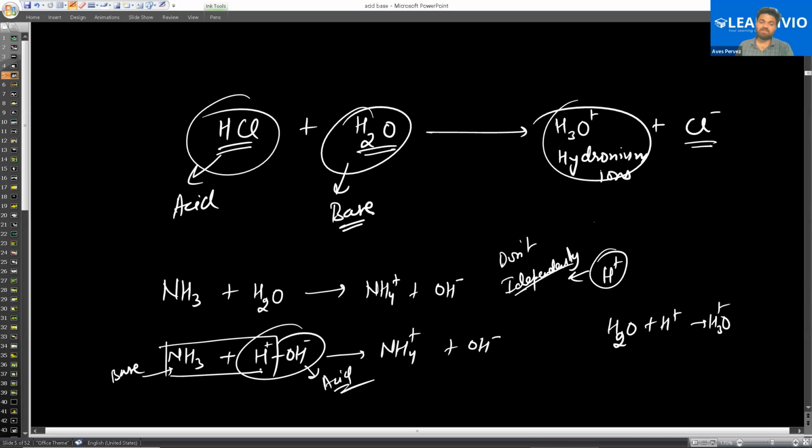It accepts the H plus ion, and then it results in NH4 positive. You see here, it is accepting the H plus ion, so that's why it is a base. Acceptance of H plus ion is base. And water is giving H plus ion here, so it is an acid.